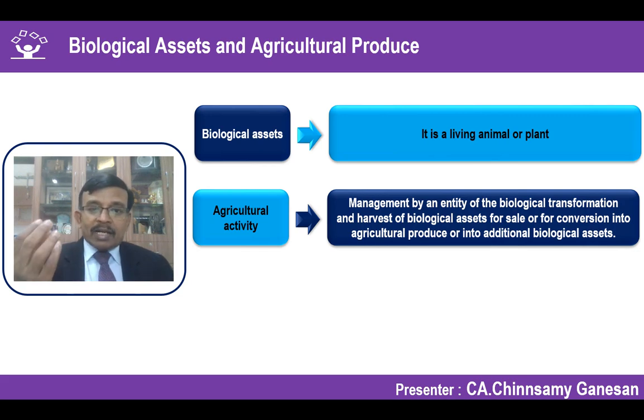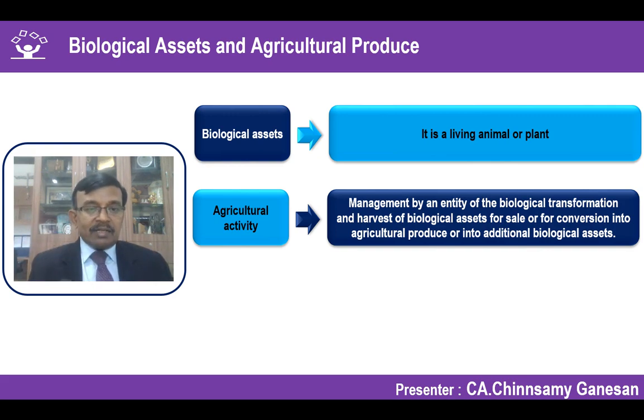Then, out of this agricultural activity, I should be able to harvest the biological asset, and the biological assets are either used for my own sale, straight away it's sold, or it is converted into an agricultural produce. For example, when I pluck the tea leaves, which is for sale as green tea leaves without any process, in that case, it is a biological asset which is harvested for sale.